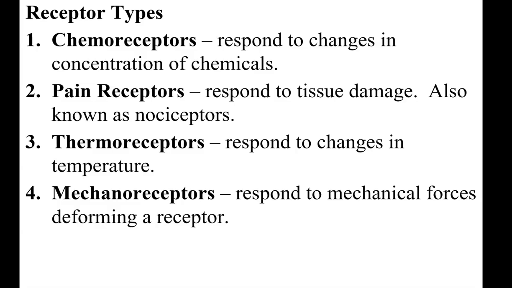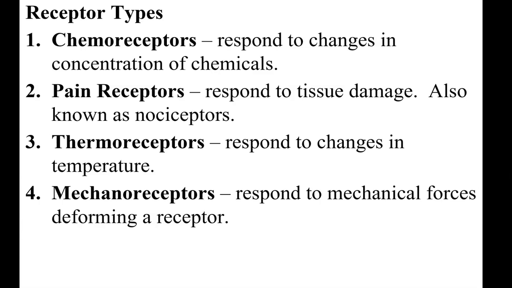They're going to respond to changes in tension of muscle and tendons. The baroreceptors, which are also called the pressure receptors, are going to be found in certain vessels to detect change in blood pressure. Then you have your stretch receptors that are going to fall in this category also, and these are going to be found in places like the lungs that can determine the degree of stretching or inflation of the lung.